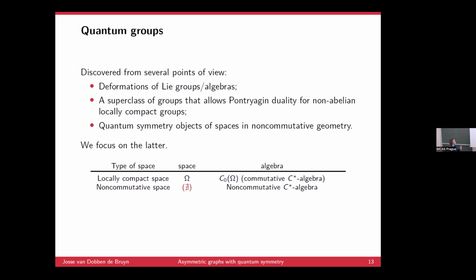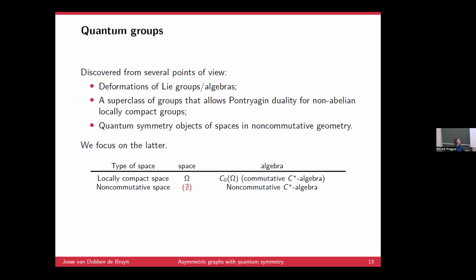I guess for Anna, a brief recap on non-commutative geometry. We start with the viewpoint of non-commutative topology. So if we have a locally compact Hausdorff space omega, then Gelfand duality shows that there's a correspondence between the space omega and the commutative C-star algebra of continuous functions from omega to the complex numbers.